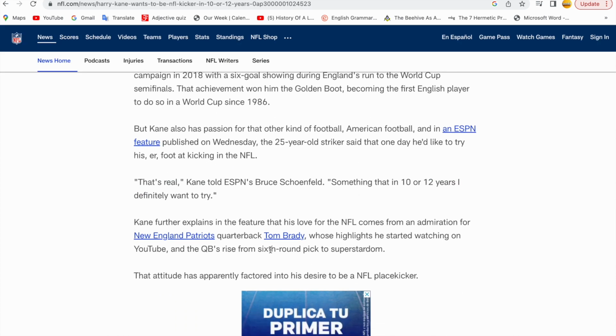Kane further explains in the feature that his love for the NFL comes from an admiration for New England Patriots quarterback Tom Brady at the time, whose highlights he started watching on YouTube, and the quarterback's rise from the 6th round pick to superstardom. Kane scored 6 goals at the 2018 World Cup. Alright?